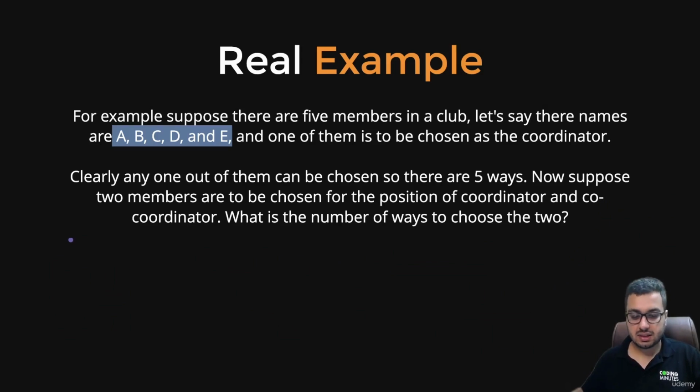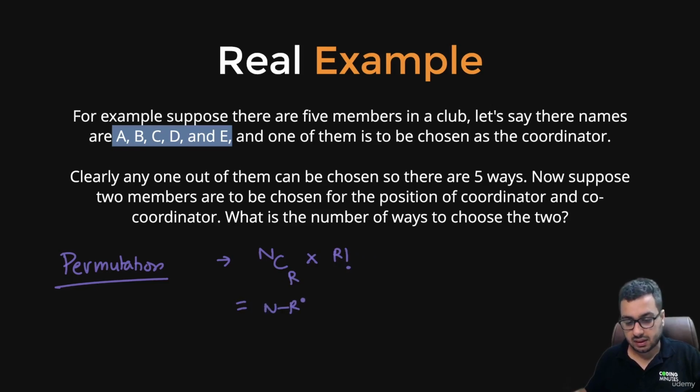In this case, what we essentially computed is known as a permutation. Permutation is derived from combination by multiplying with the number of arrangements, that is r factorial. So it is n factorial divided by (n minus r) factorial times r factorial, multiplied by r factorial.